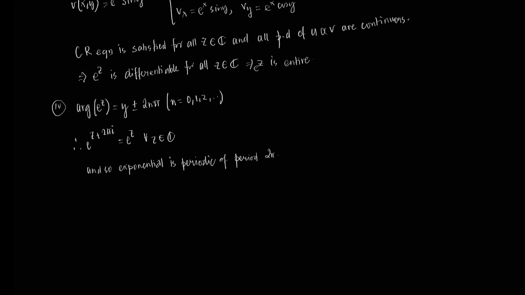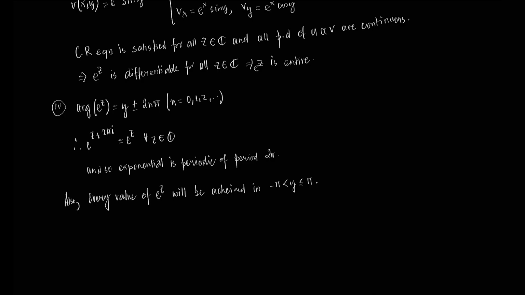And this is true for all values. So essentially what it is saying is that every value of exponential z will be achieved in the range minus pi to pi, which has length 2 pi.